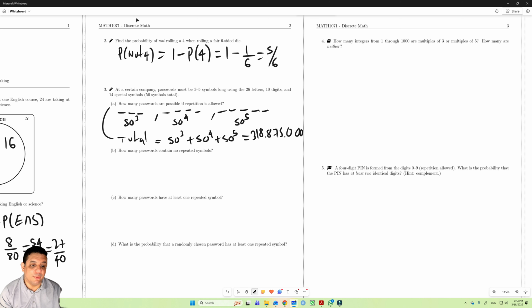Now, how many passwords contain no repeated symbols? For no repeated symbols, we're back again to establishing this. Now we have 50 times 49 times 48.